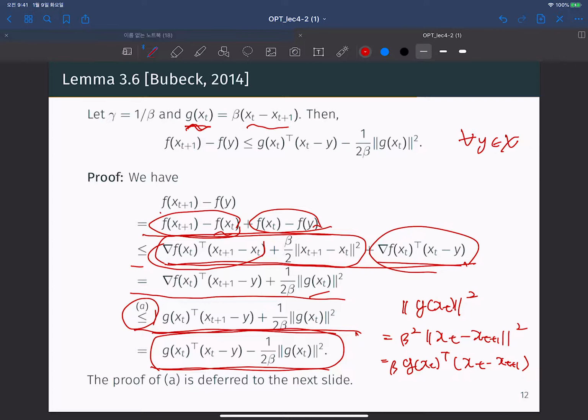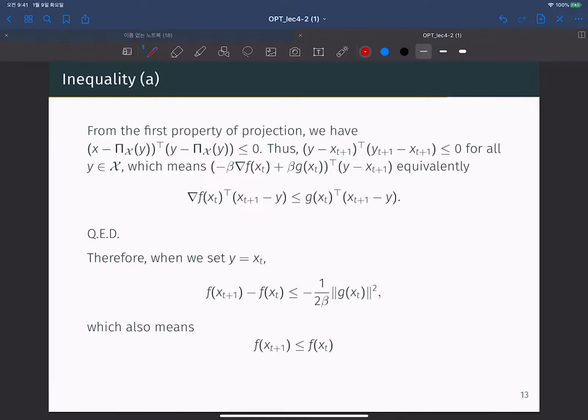Now let's show the remaining term, inequality A. From the first property of projection, we have this one.